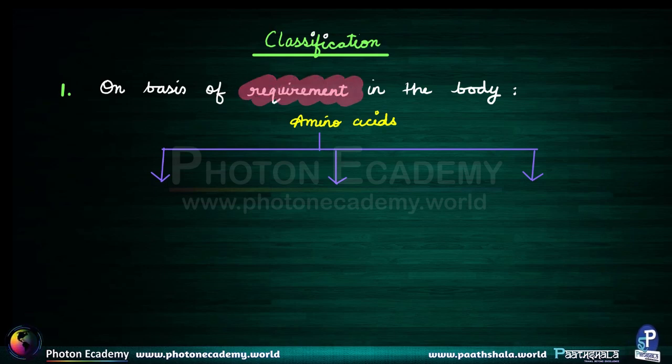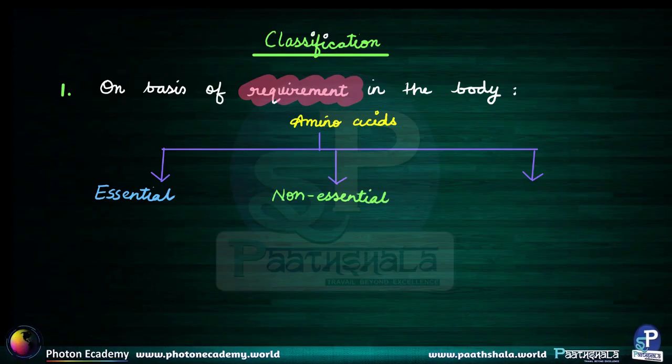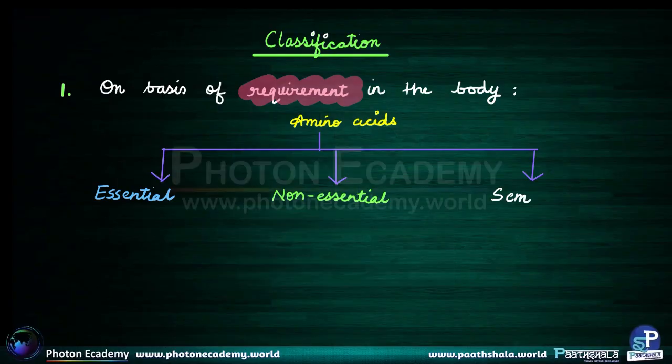These three categories are essential amino acids, then non-essential amino acids, two extremes, and there is one midway, that is semi-essential amino acids. So we have divided amino acids into three categories: the essential, the non-essential, and the semi-essential.